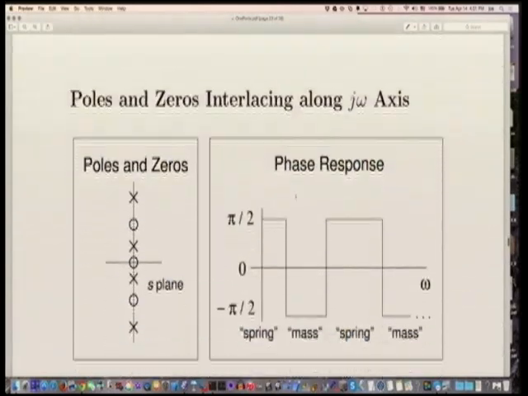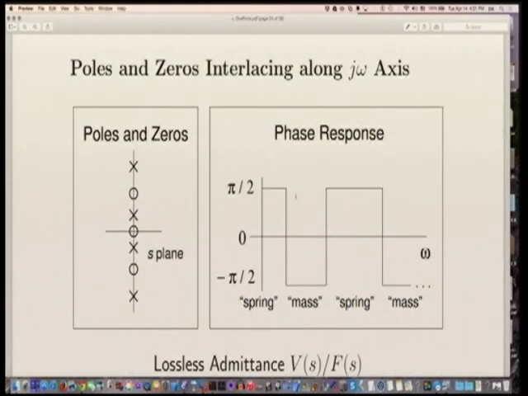Okay, so here is an example of the lossless case where you have poles and zeros on the j omega axis. The poles are on the j omega axis as we expected, but why are the zeros on the j omega axis? Well, they have to be to preserve positive real. Because imagine we're starting at DC here, coming out of a zero, and imagine the graphical method for phase response calculation.